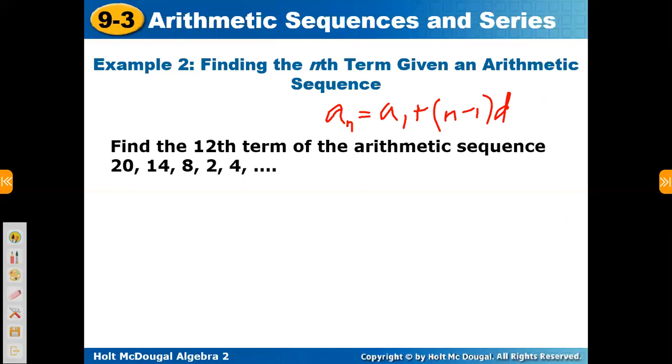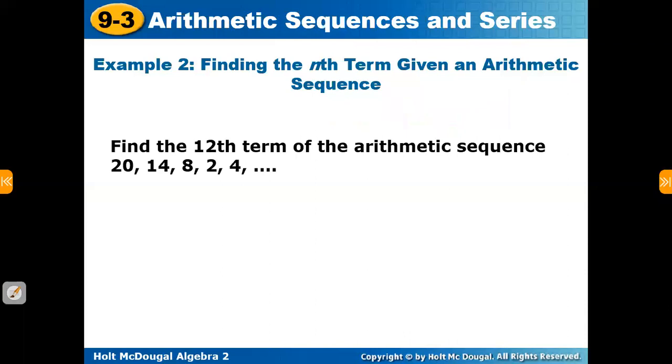So I need a1. I know which term, so I know n. It is the 12th term, so n is 12. I have to find d. So I need a1 and d from the sequence.